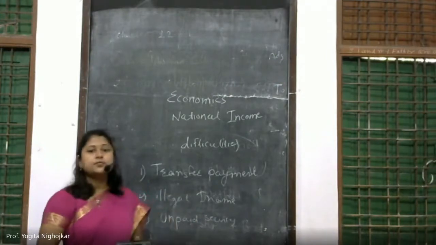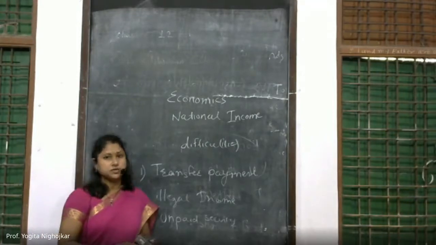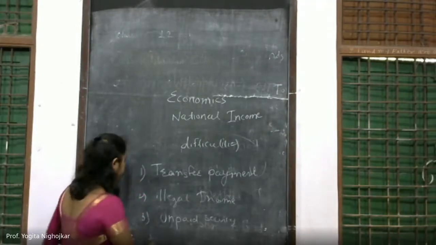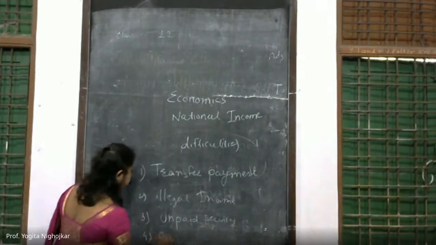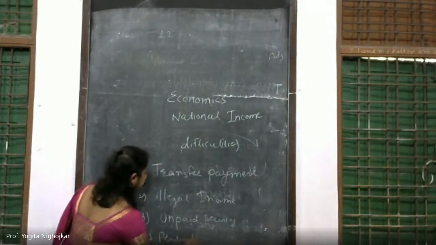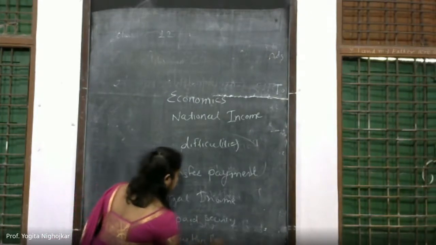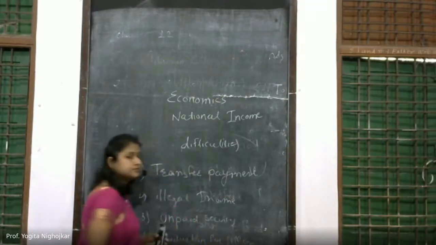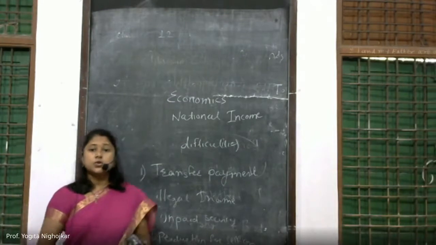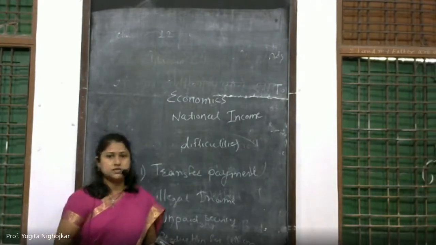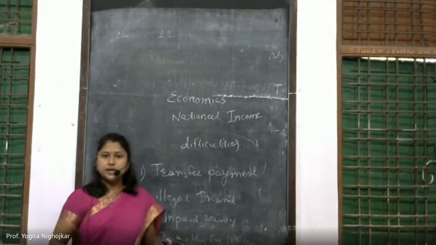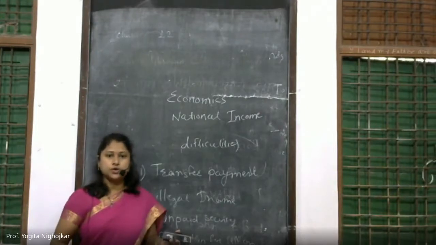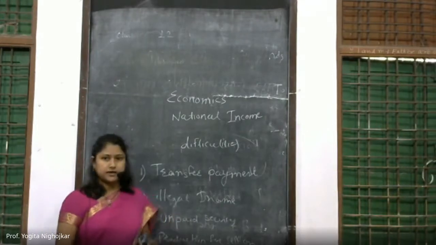The next point is production for self consumption. Goods produced for self consumption, such as food grains, vegetables, and other farm products, do not enter the market.